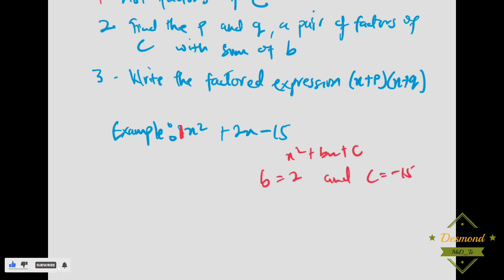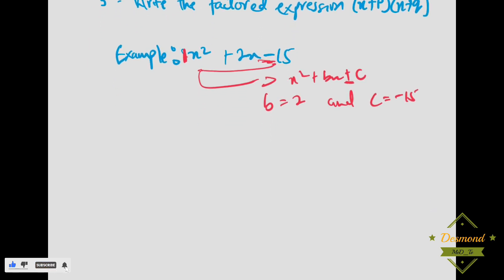It's not 15, it's negative 15, because when we compare this expression, the sign changes. So we need to find two numbers with a product of negative 15 and a sum of 2.